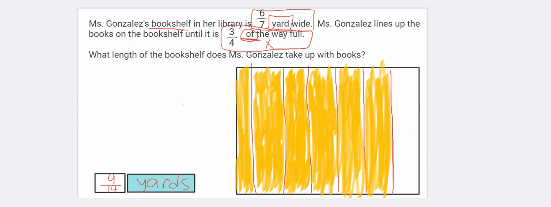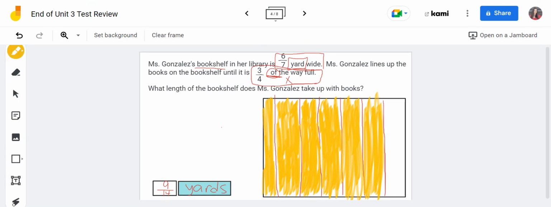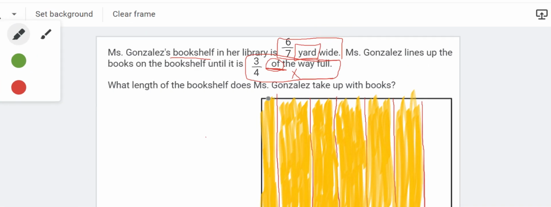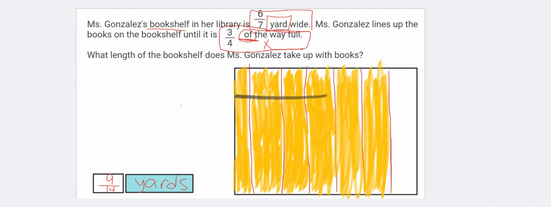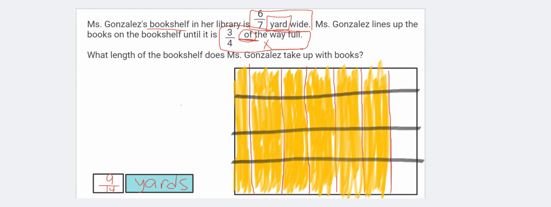Now that I split it up and down, now I'm going to split it side to side because it's 3/4 of the way. So now I'm going to split it into 4 equal parts. So 1, 2, 3, 4. So I have 1, 2, 3, 4. And of these 4 rows, how many am I going to shade in?